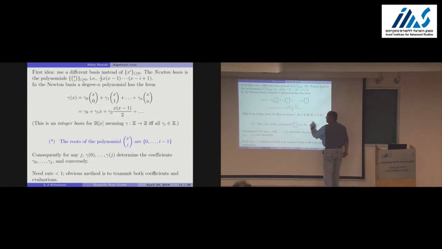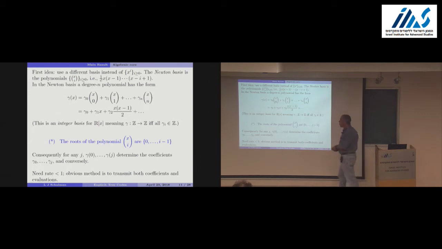Now here's the thing that we really need, which is that the roots of the ith basis polynomial are the integers 0 through i minus 1, which is obvious from the expansion. What this means is that, for any value of j, the evaluations gamma of 0 up through gamma of j determine the coefficients gamma naught through gamma j and vice versa.